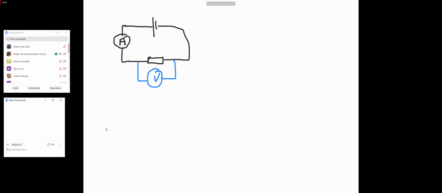Now the question, why is the ammeter connected in series?